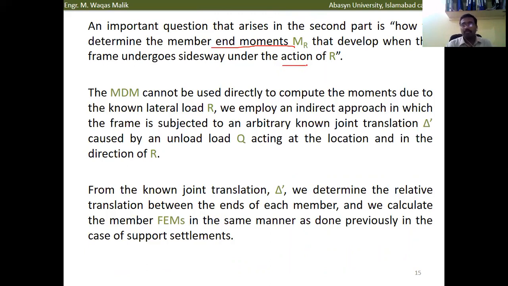because this force R is going to deflect the member, or will cause the translational movement in the member.